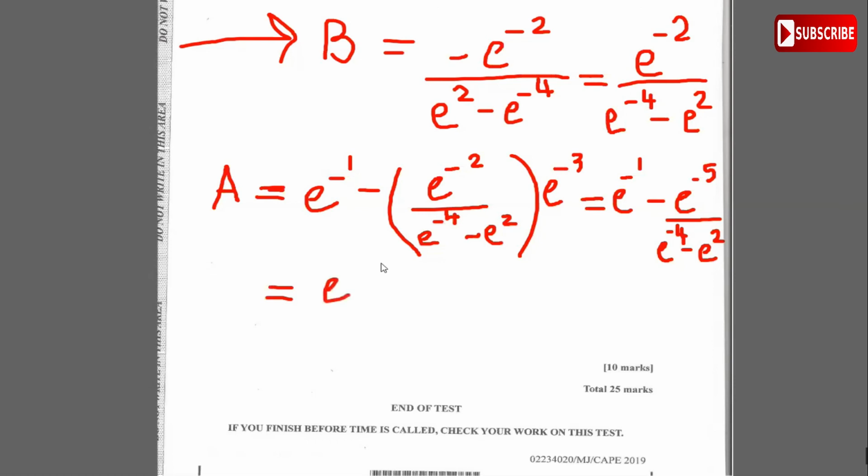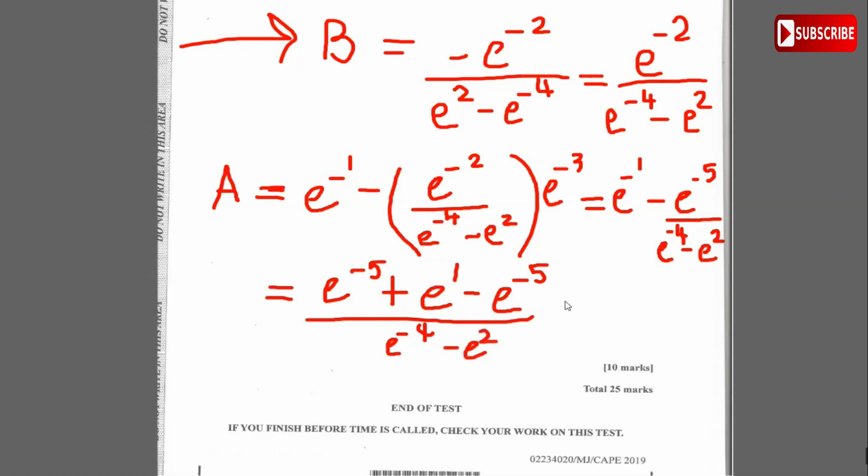Add this power, minus 1 plus 2 is plus e to the 1, minus e to the minus 5 over e to the minus 4 minus e squared. Now you might take a look at it and say, oh, e to the minus 5 cancels e to the minus 5, you're right, and e to the 1 is just e. So a is e over e to the minus 4 minus e squared.